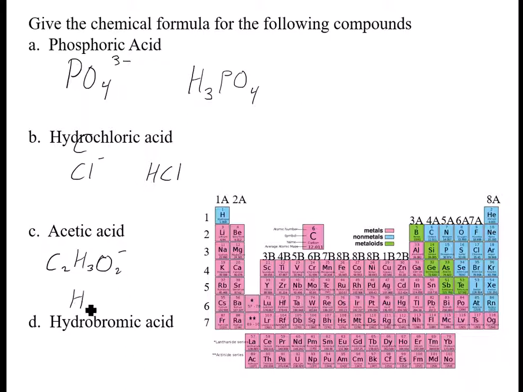So acetic acid is HC2H3O2. Hydrobromic. Okay, so again, it's binary because it has the hydro in front of it. So bromide is just Br with a minus, so it becomes HBr. And those are those acids.